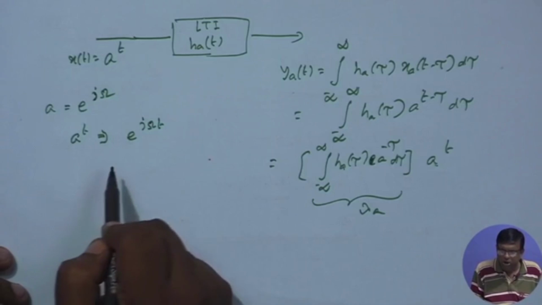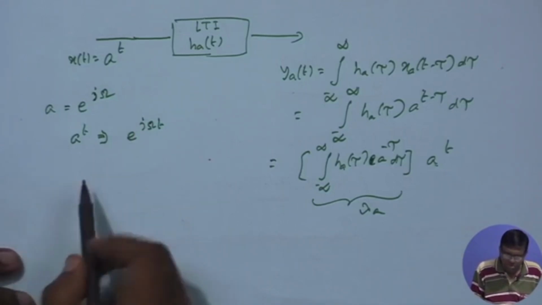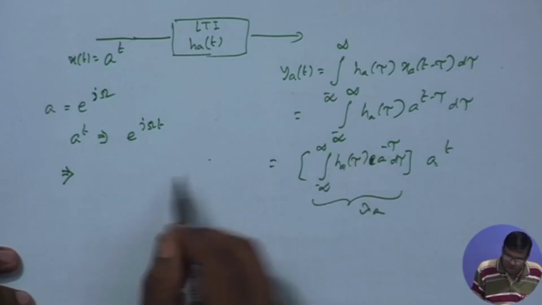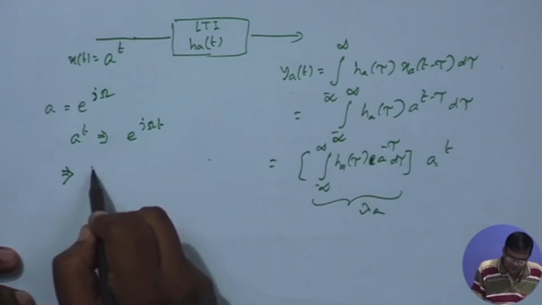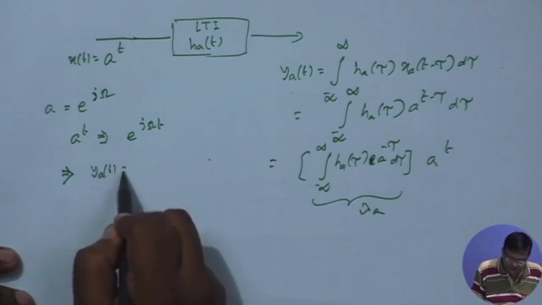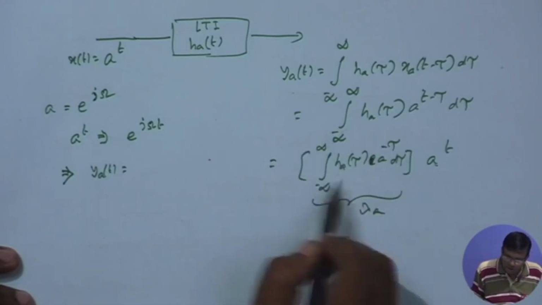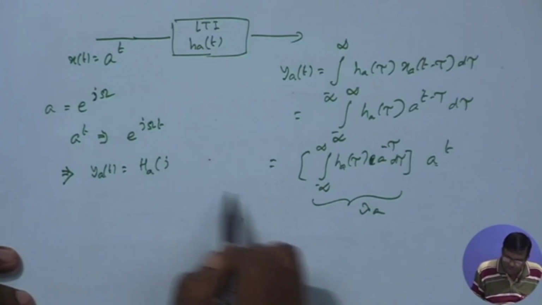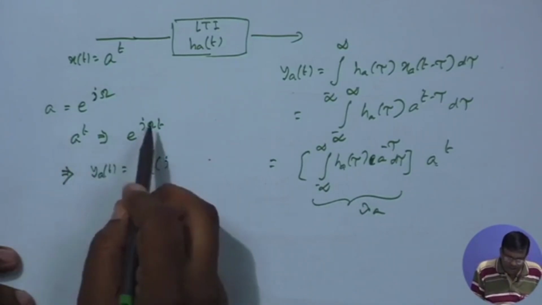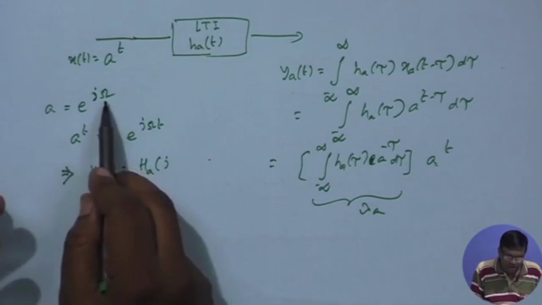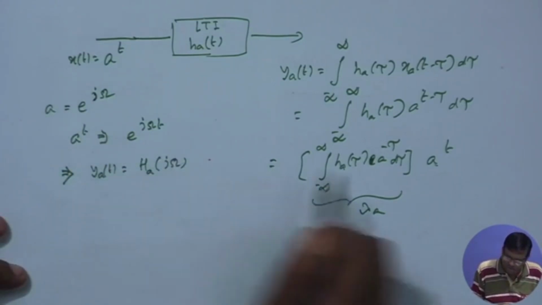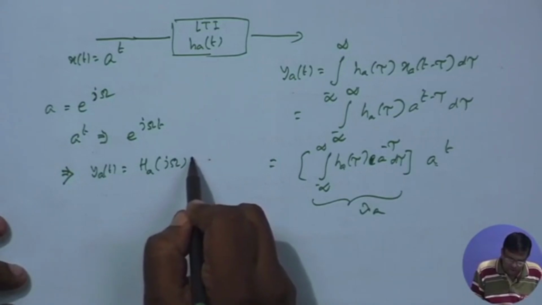So, the unit of capital omega is radian per second. In this case, this quantity, that is y(t), is this quantity, and instead of lambda we use the notation H of omega, a function of omega.